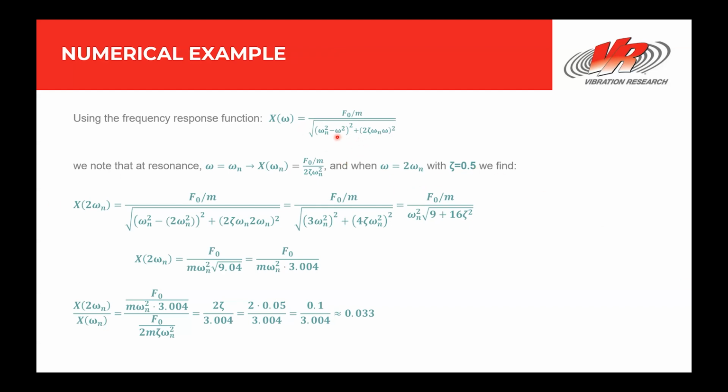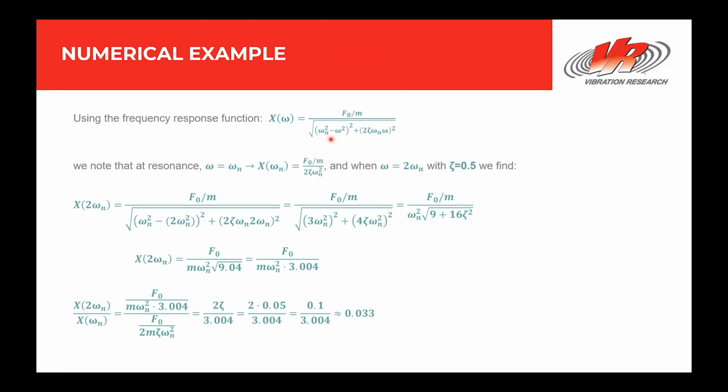equations here, start out with the frequency response function, which I just described in the previous slide. And we note that when omega is equal to the natural frequency, then the frequency response function boils down to the forcing function over the mass divided by 2 times the damping ratio times the natural frequency squared.